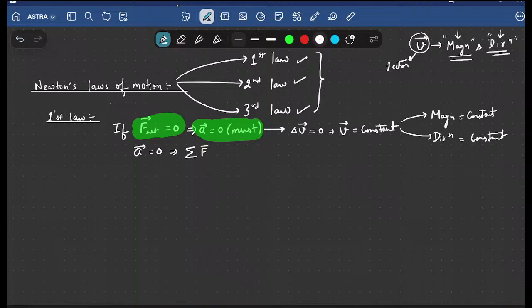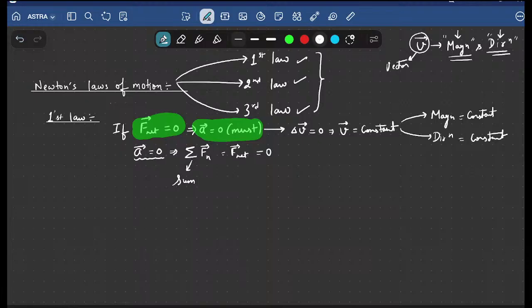Net force is the sum of all the forces. Sum I am showing by sigma. You must be knowing that sigma means sum, right? So if the sum of all the forces is 0, it is represented like this: net force is 0. It means that either no force is acting on the body, or even if forces are acting, the vector sum of all the forces becomes 0.